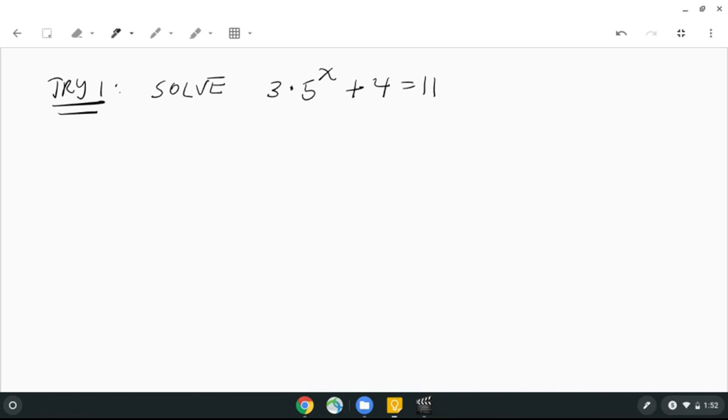When you look at this one, the exponential is not by itself yet. So you will have to get the 5 to the x by itself first. So make sure you subtract 4 on both sides and divide by 3. Then you can do the log. Go ahead and press pause and work this out, and then come back to see if you have the same answer as I do.